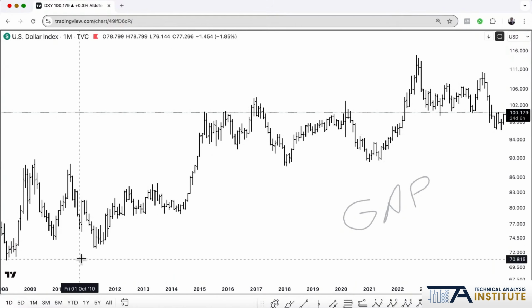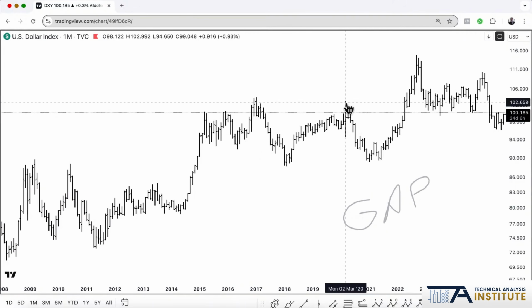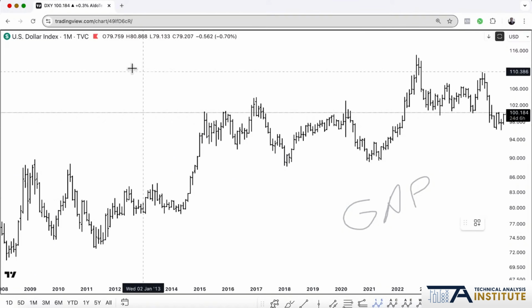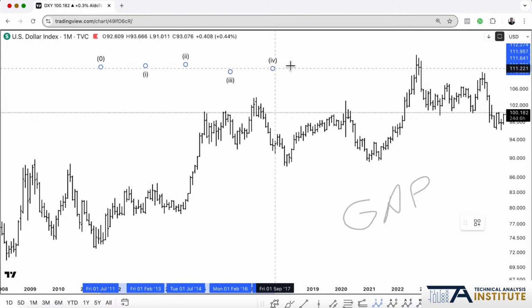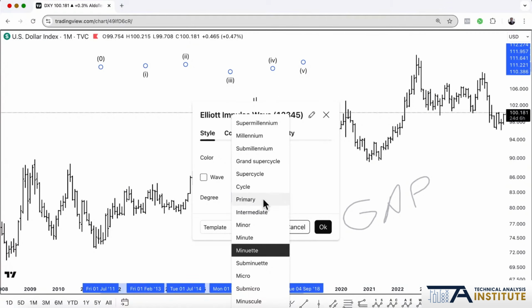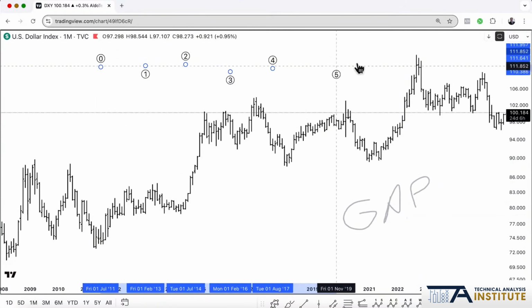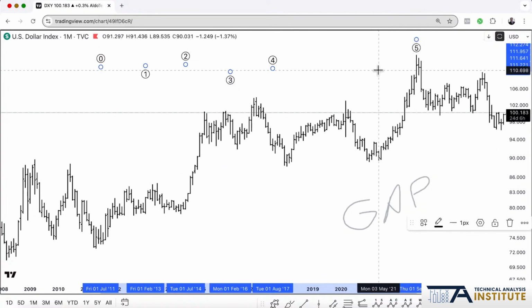And so now, are there 3 waves down? Well, here is down, up, down. Okay, so let's see. If we were to label this, let's make it a little bit higher because this is a monthly chart. So one way to start it, not always the best way, but since we already have the entire move, we could start from the end. So we say, well, this is going to have to be a 5.